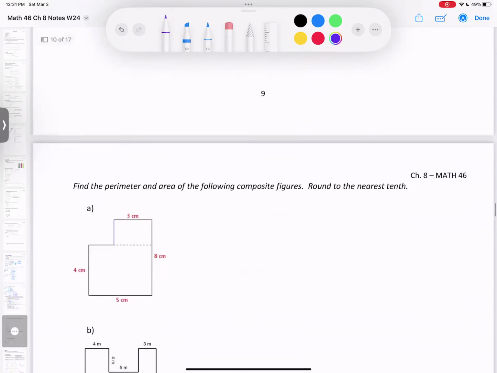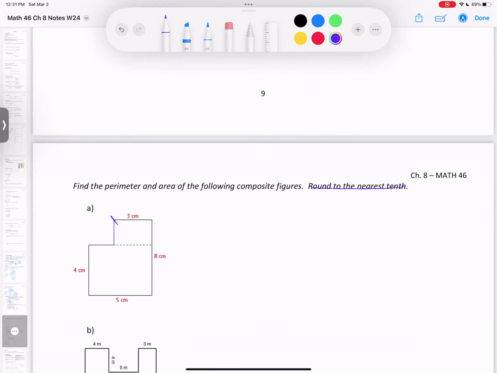So let's try one. We're asked to find the perimeter and the area of these figures and to round to the nearest tenth. Actually, we can ignore that because they're all whole numbers anyway, at least for these first two. If we're looking for perimeter, I'm going to arbitrarily start here.